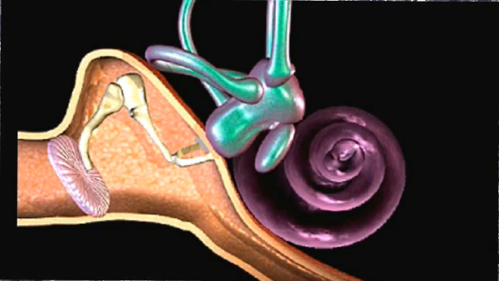Then from the ear ossicles, the vibrations or sound waves reach the cochlea through the oval window. Today we are going to see the detailed structure of the internal ear.